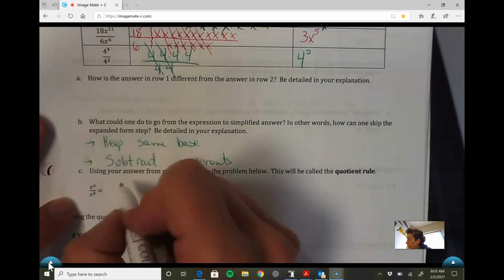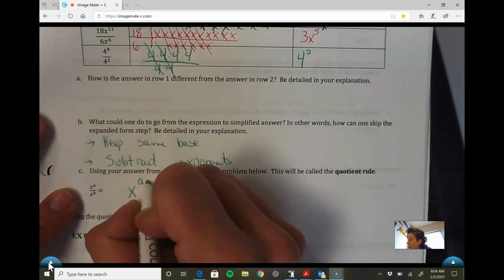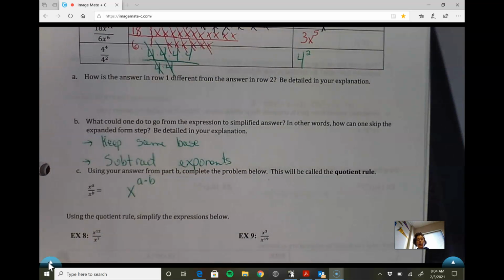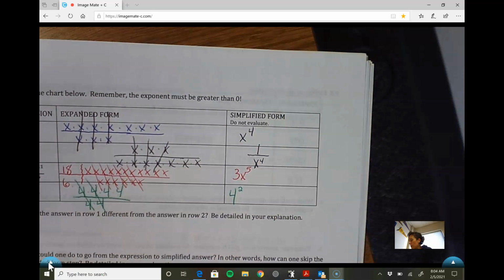Okay? So if we look here, our rule that we'll do is x, because it's the same base, and then I can just subtract the exponents. What you're going to have to think about is when you're done subtracting, when we did our canceling up here, sometimes our x's were in a numerator position and sometimes they were in a denominator position.